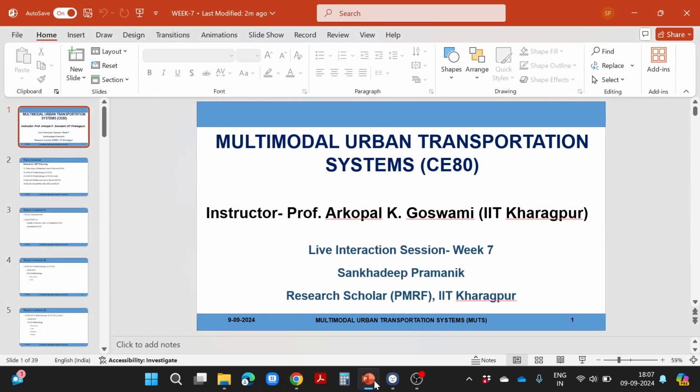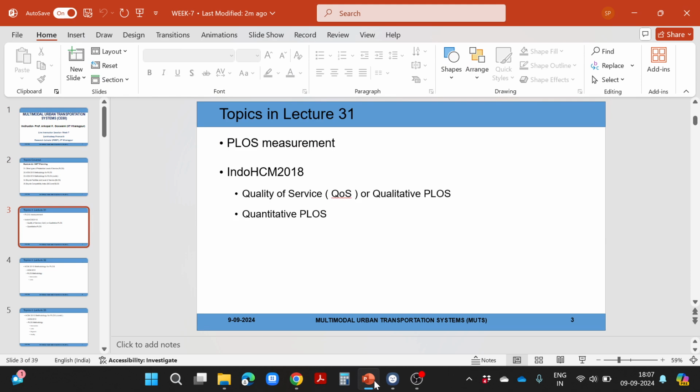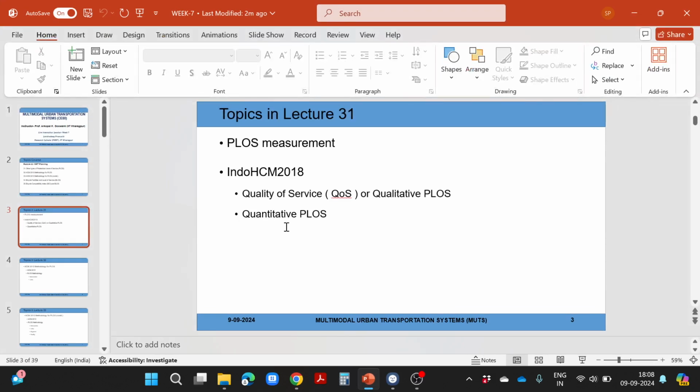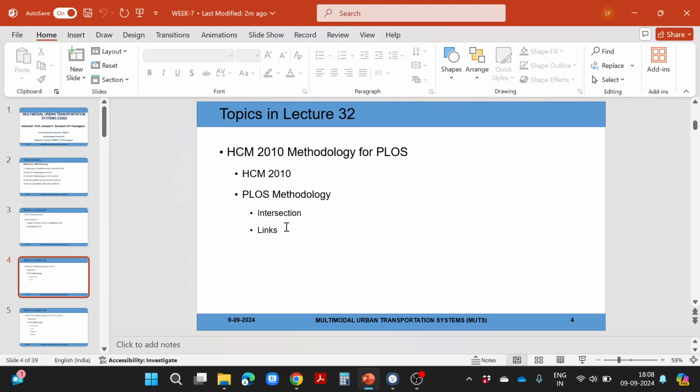So, anyways, I'm continuing. We have discussed pedestrian level of service, and how different numericals relate to this, with the Highway Capacity Manual of 2010, which is published by the Transportation Research Board in USA.